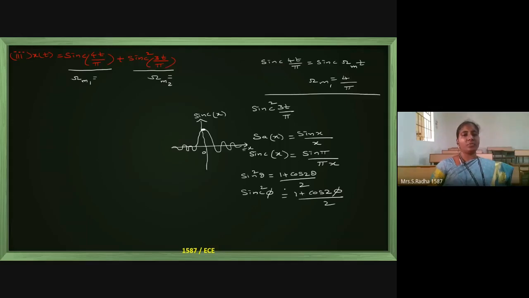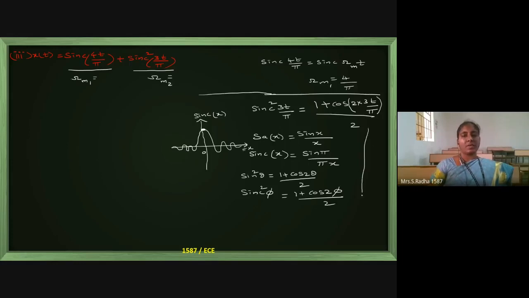So from the given question, we will be getting 1 plus cos of 2 times the angle, which is 3t by pi, whole divided by 2. So this 2 into 3t by pi is the angle for this particular function.